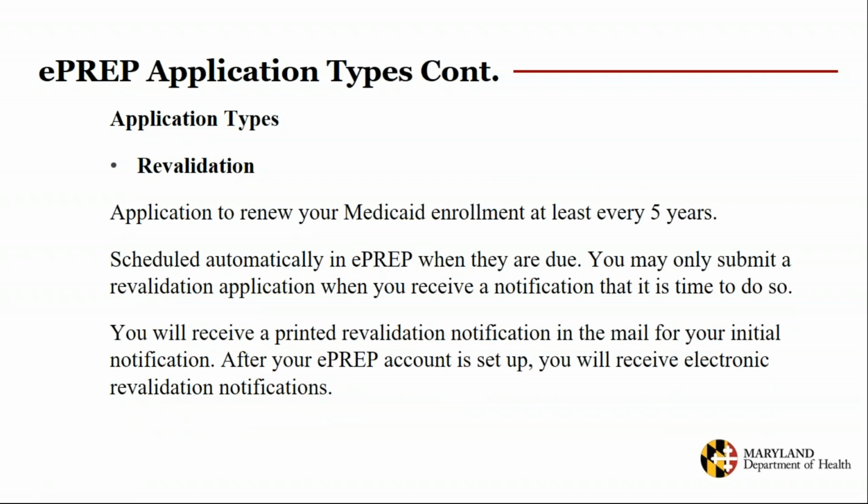It's scheduled, and it is usually scheduled automatically. So you should first receive a mail at your location or your address that will tell you about your revalidation that is due. And once you get yourself signed up on ePREP, you will equally get a notification on the portal that will tell you how much time you have left to get that revalidation done.